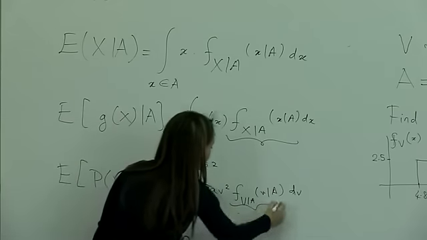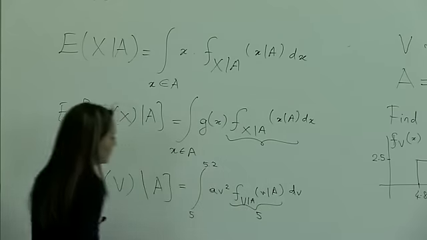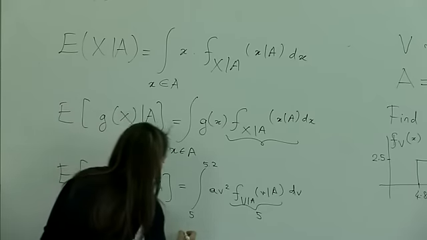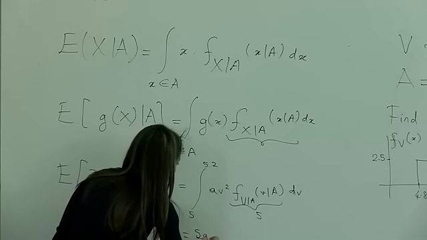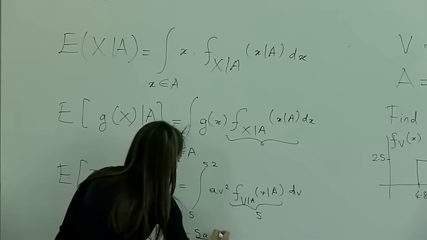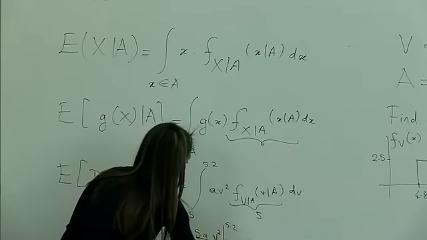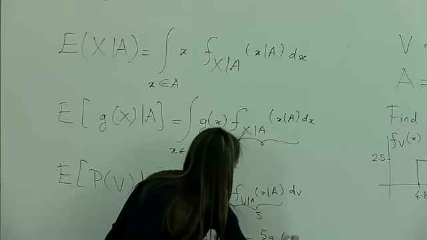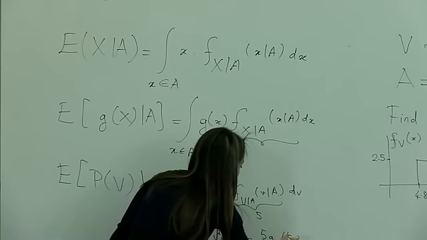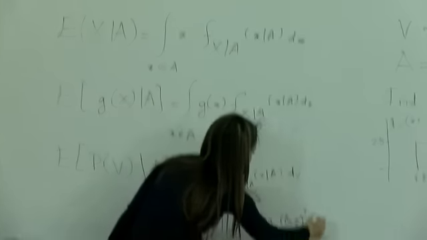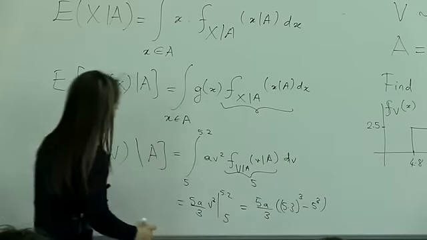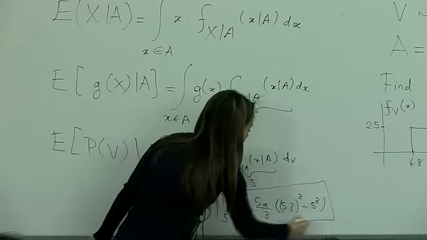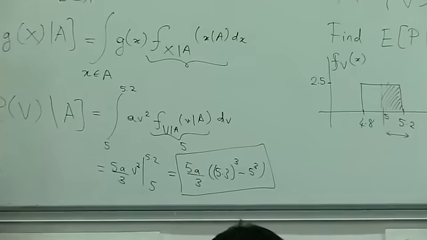This is a constant 5. We are integrating A times V squared. So we have 5A over 3 V cubed, from 5 to 5.2, which is 5A over 3 times (5.2 cubed minus 5 cubed). That is the expected value of the power supplied by the source.